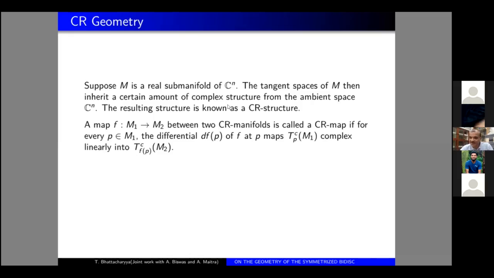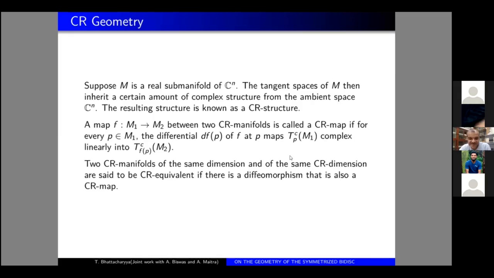Now, the moment you have done it, you should ask about complex linear maps between them. So if you have a map F from M1 to M2, keep in mind that the leaves are diffeomorphic. So suppose we have a diffeomorphism between two leaves. And the question is, from one complexified tangent space to the other complexified tangent space, whether the differential map is a complex linear map or not.